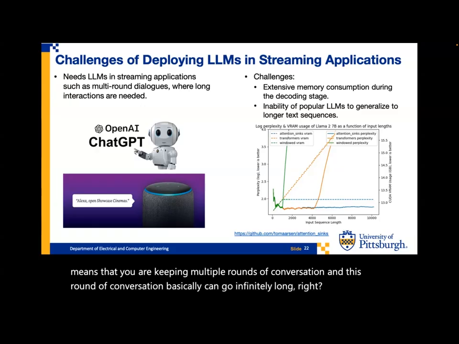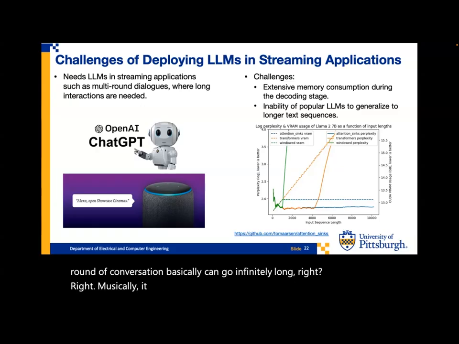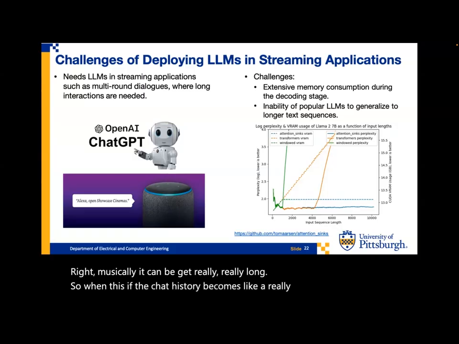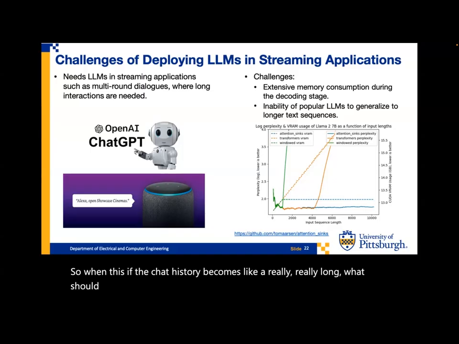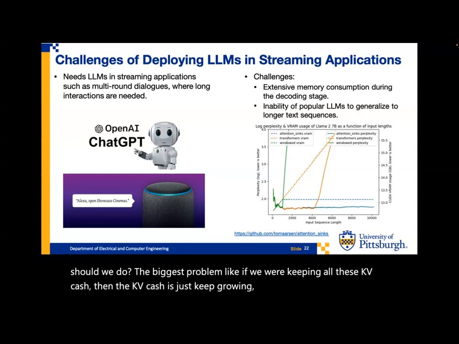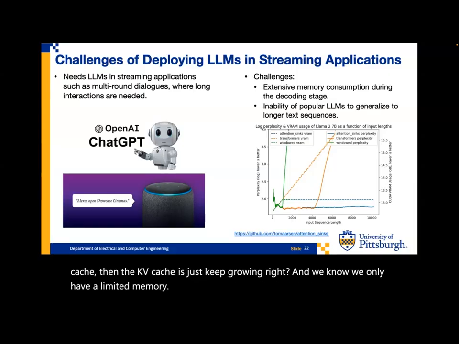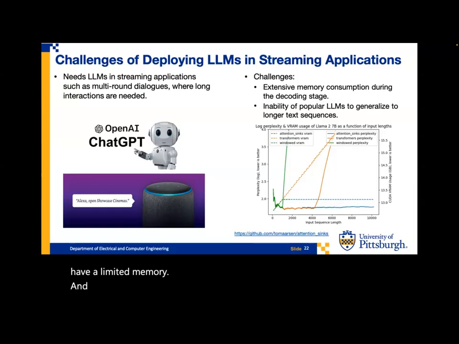When the chat history becomes really long, what should we do? The biggest problem is that if we keep all this KV cache, the KV cache just keeps growing, and we only have limited memory. If the KV cache exceeds the memory limit, what should we do?